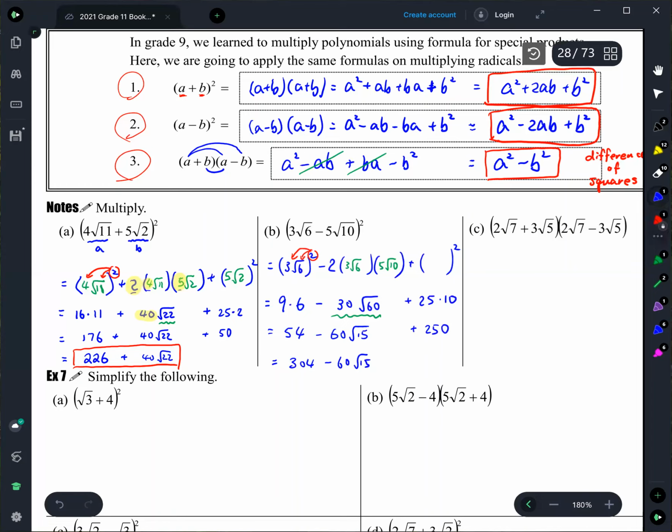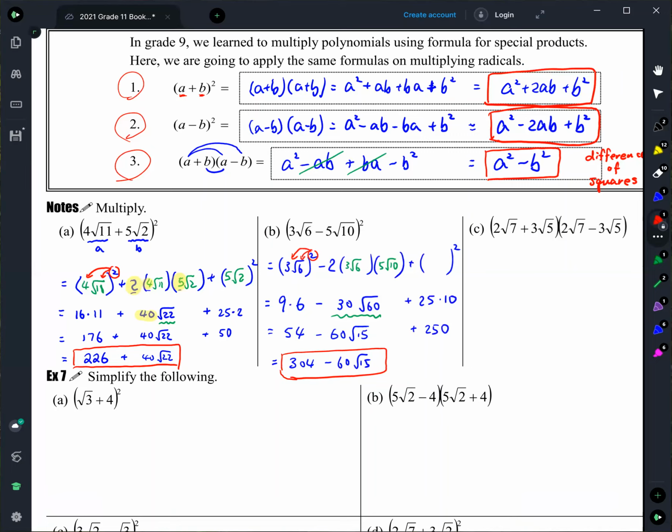So a lot of things to check, right? The things inside, make sure it's simplified. And when you square each number, be careful, okay? Any questions? Can you raise your hand if you have no questions so far?